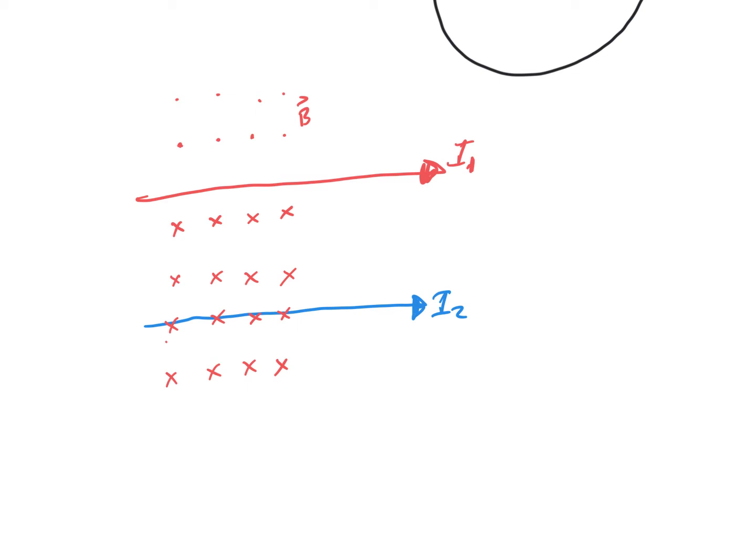And it's creating magnetic field in the same region as each other, but I'm going to put it off to the side so it's easier to see what's happening. The current is to the right, so it also creates a magnetic field that's out of the board there and into the board below. And at all points above, we get out of the board.